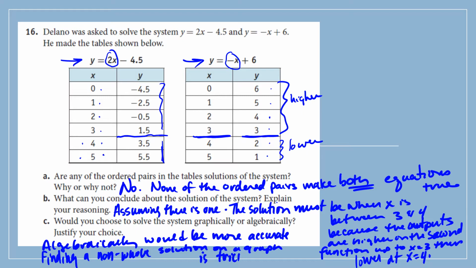You can find it algebraically easy enough, you get a fraction, but on a graph you'll see that it crosses in a non-exact place, but you might be guessing as to exactly what the coordinates of the point were.